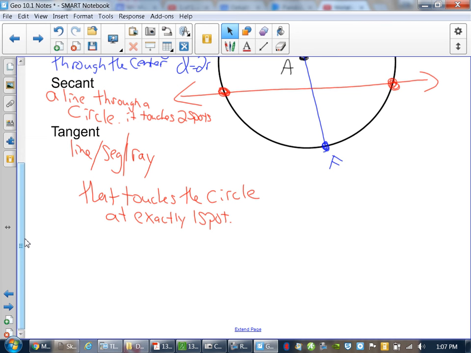So the tangent touches it at exactly one spot. So let's see here. I've got to draw my secant in. Where am I at? E, F, G, H. And then if I want to draw a tangent, see how it'll be a tangent here.